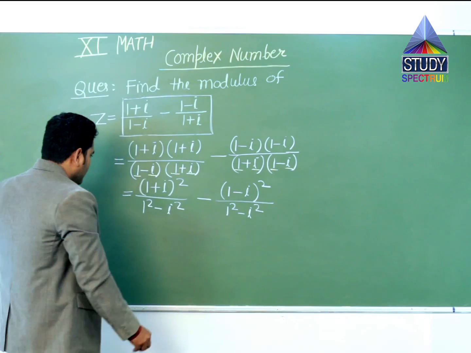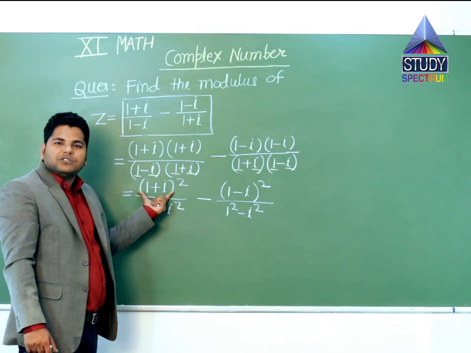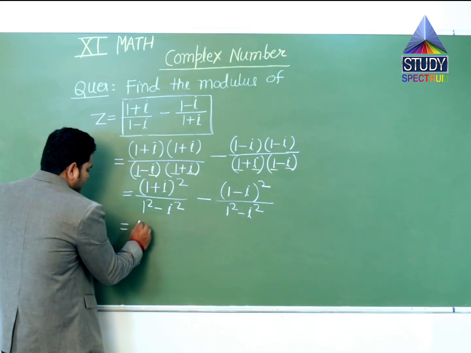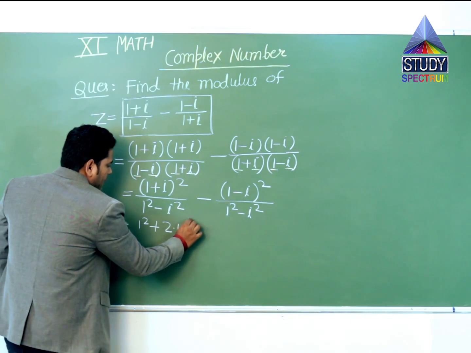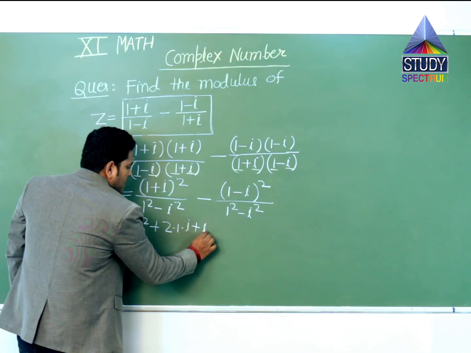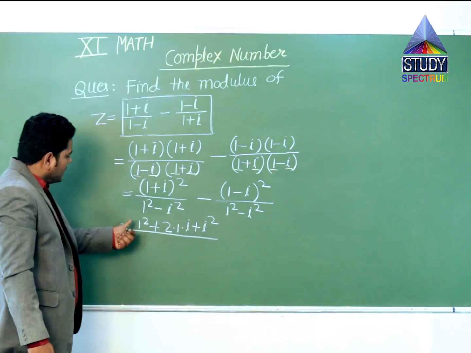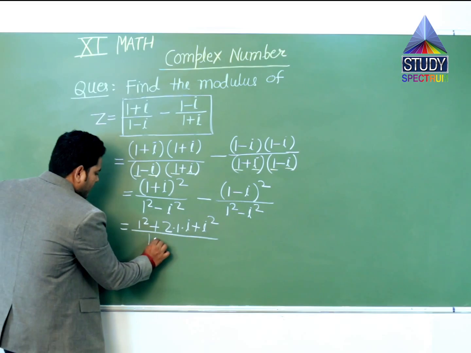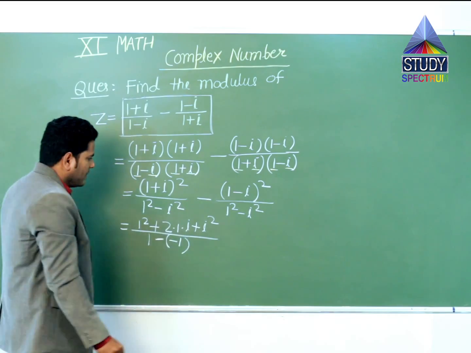This is in the form of (a + b) whole square, so we write a² + 2ab + b², that is 1² + 2 into 1 into i + i². In the denominator, 1² is 1 minus i², and i² is −1.